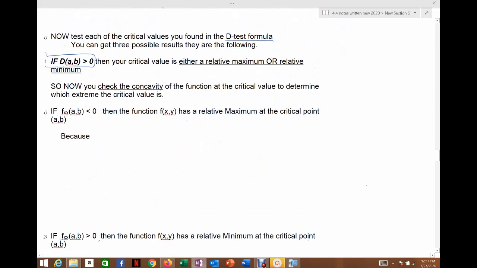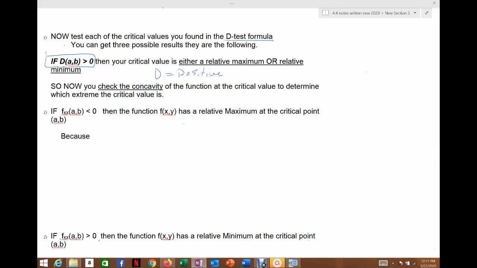So if you plug it in and your d-test comes out positive, so when I plug that into my d-test the d value is positive. What that tells me is that my critical value is a turning point.